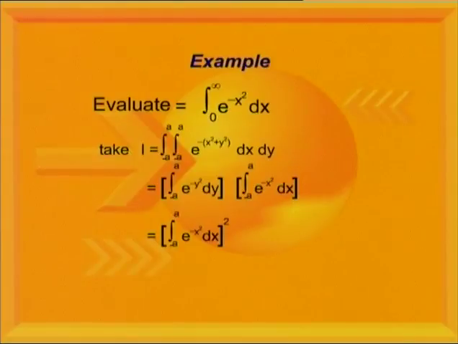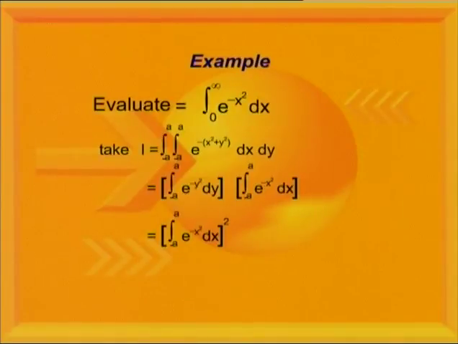So here we can write it as integral from minus a to a of e raised to power minus y square, and then integral from minus a to a of e raised to power minus x square with respect to x. We are first integrating it with respect to x, and then with respect to y.